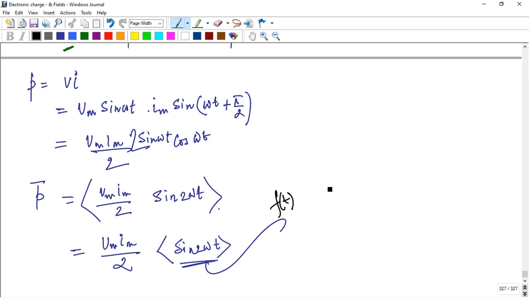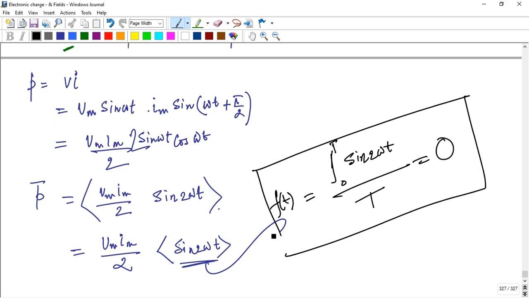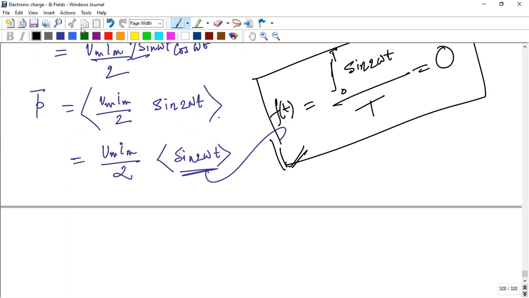Over a full cycle, integrating from 0 to T of sin twice omega t by T, we get 0. In the previous class I solved this integration, please check that, so we skip that part here. So we get the final answer: P average equals 0 times anything, which gives 0 watt.